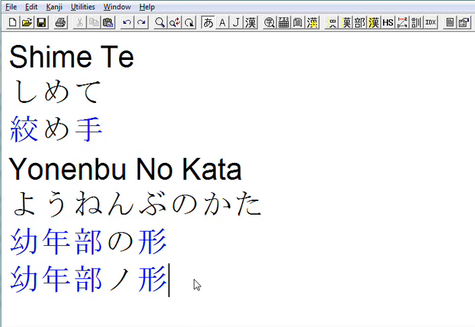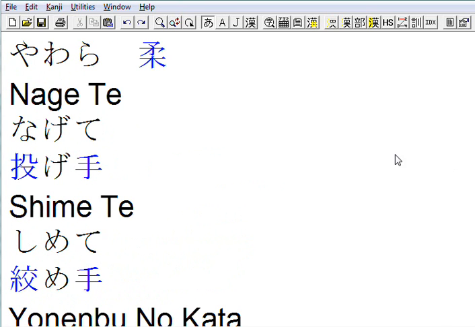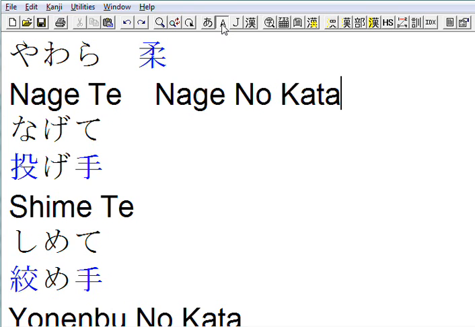One other thing. Sometimes you will see the names of these boards up here written as, and I'll switch over to ASCII mode here, as Nage no kata. And so that would be written, if you want to write it that way, or Shime no kata here. Let's write that one.